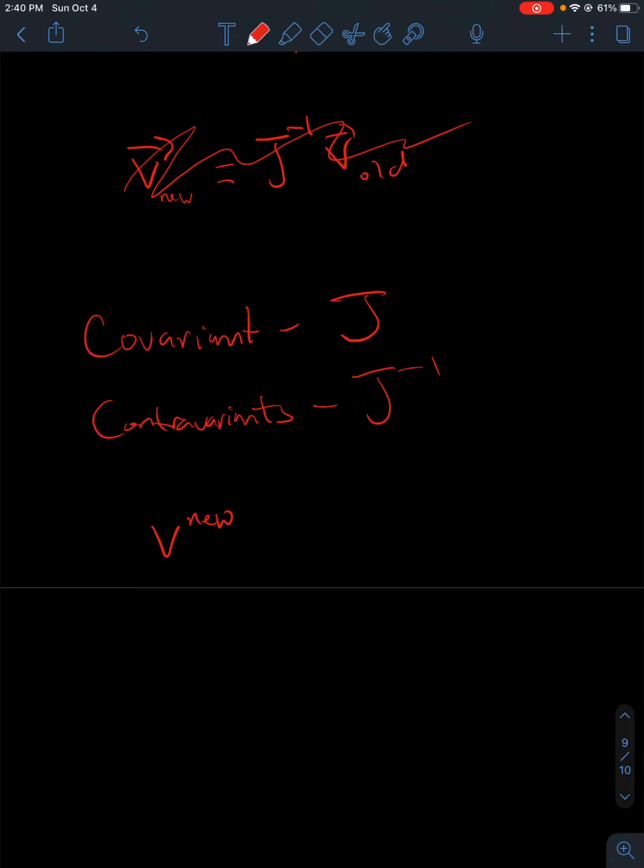They don't change, but their components do change. The component for a vector represented in the new basis would just be the inverse Jacobian times the vector component in the old basis.